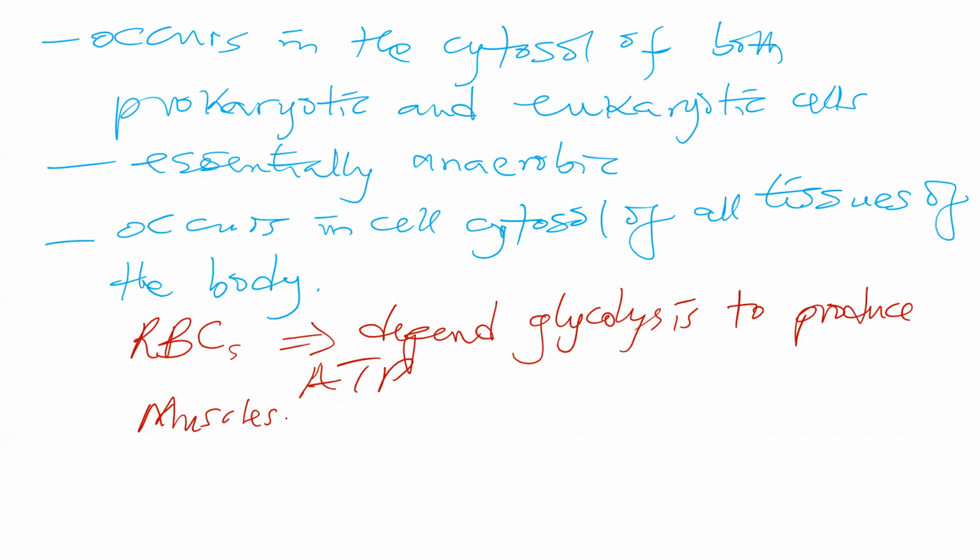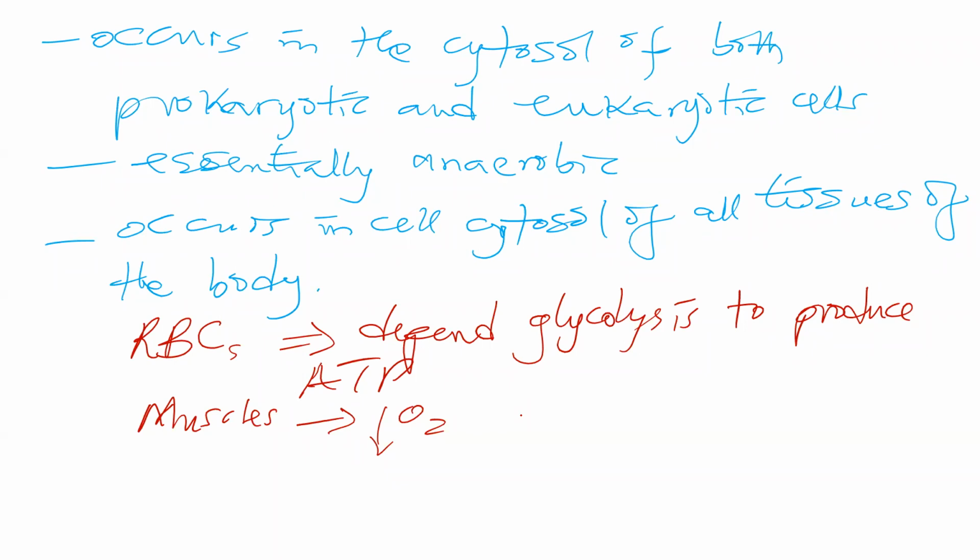Due to the occlusion of blood vessels by muscular contraction, the concentration of oxygen goes down, and therefore, since glycolysis is largely an anaerobic process, it takes precedence in the production of ATP.